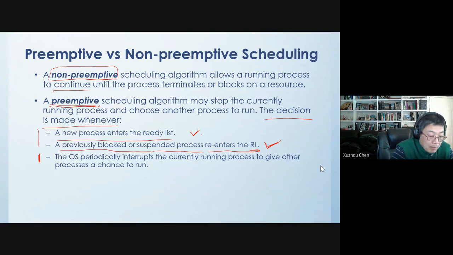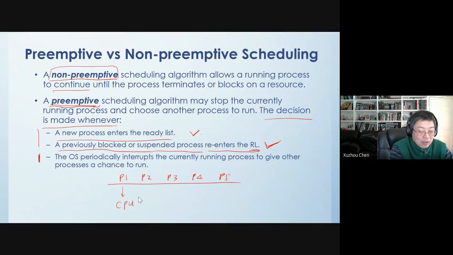So if you have multiple processes fighting for the CPU, with non-preemptive, once process one takes the CPU, it can take the CPU forever. If process one decides to stay, or for whatever reason is trapped or running into some kind of infinite loop, then everybody is going to suffer, because process one is never going to quit.